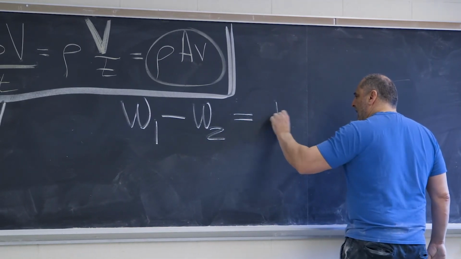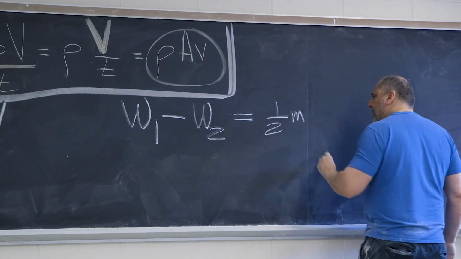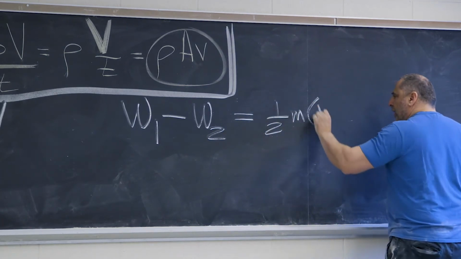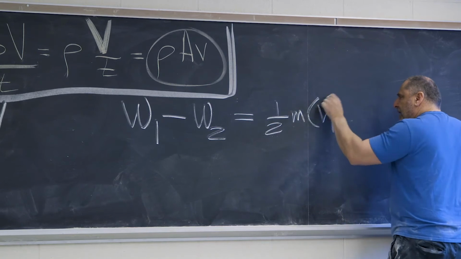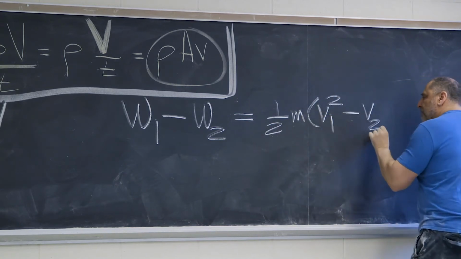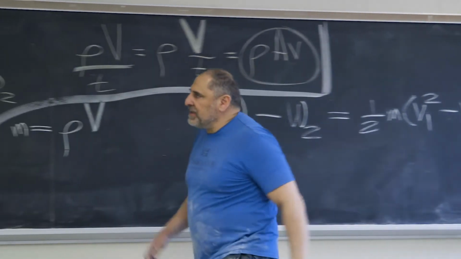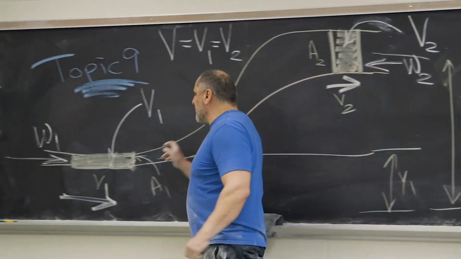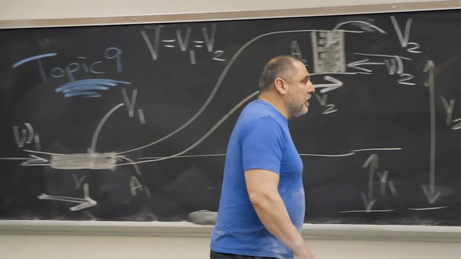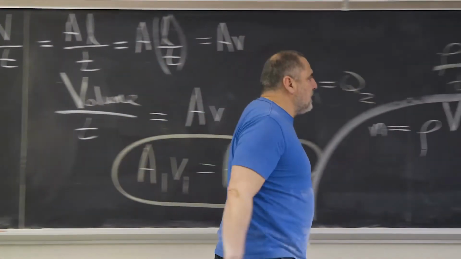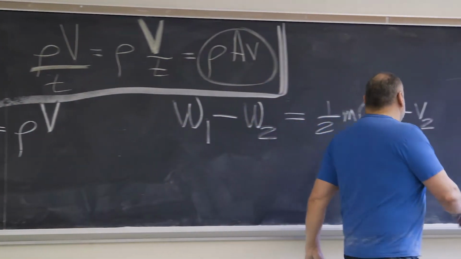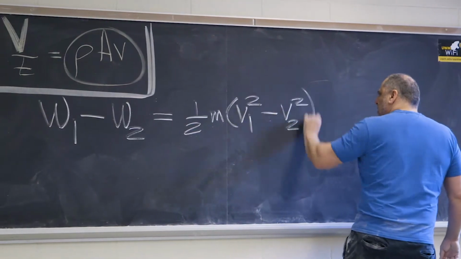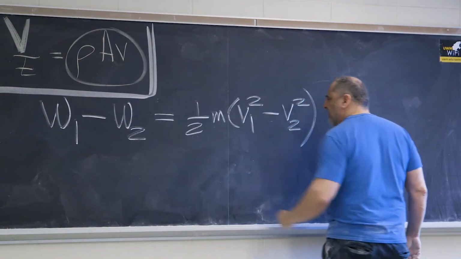So it's going to be 1/2 mass. Let's say it's going really fast in the beginning and not as fast up top. That kind of makes sense. We said this one's a small velocity, this is a big velocity. The difference between the two kinetic energies is the same as the difference in the work.